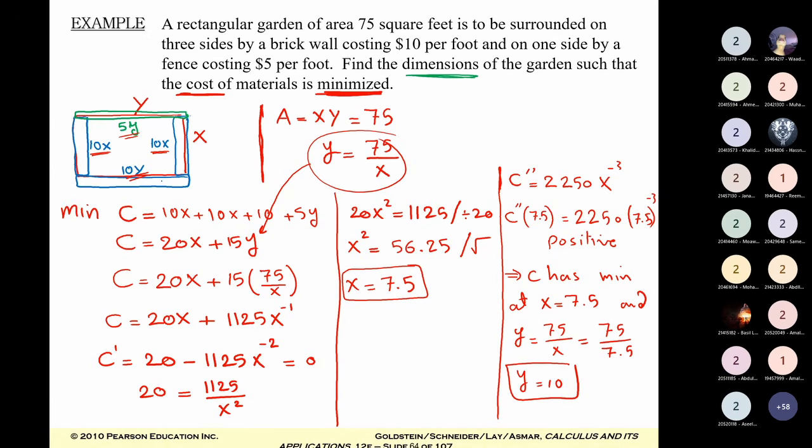This is the value of y, 10, and x, 7.5. Any question?